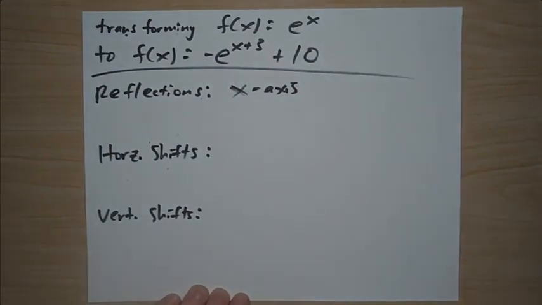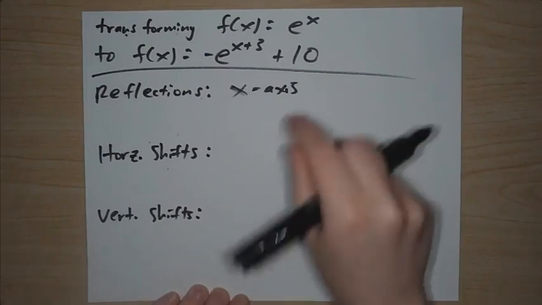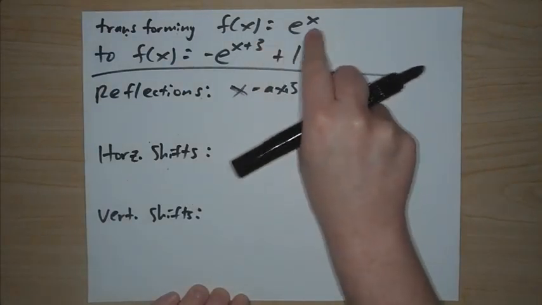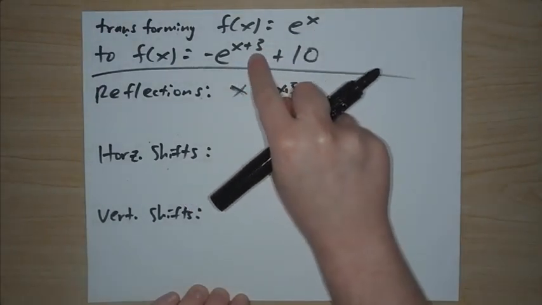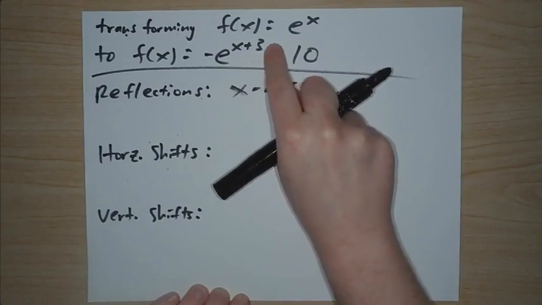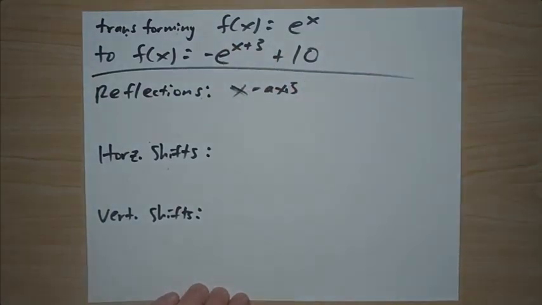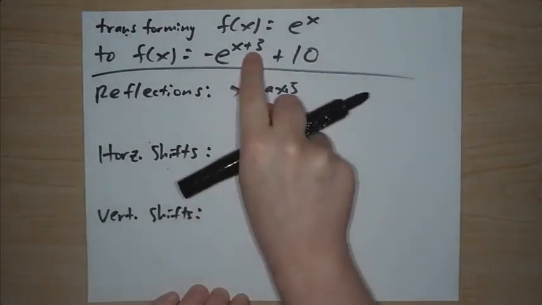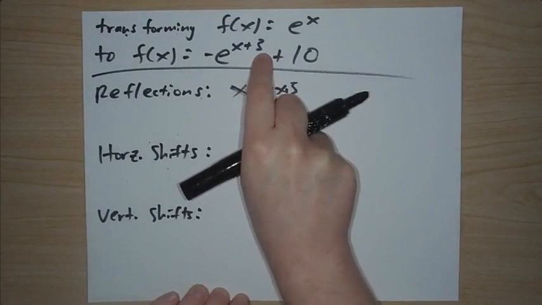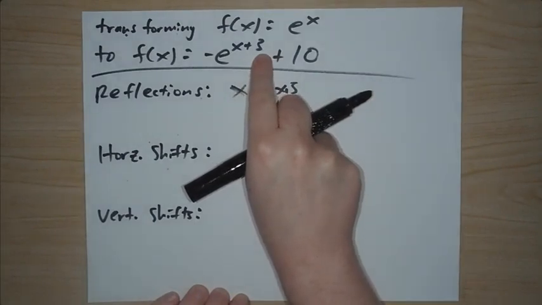Moving on to horizontal shifts, we can tell if a function moves left or right based on what is enclosed with our x value. So you see from here to here that what is enclosed with our x value is a positive 3 in the exponent. And when a value enclosed with our x is positive, it actually moves the opposite direction.